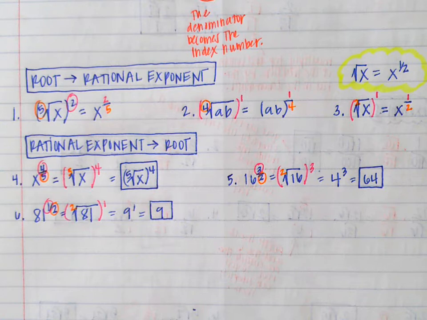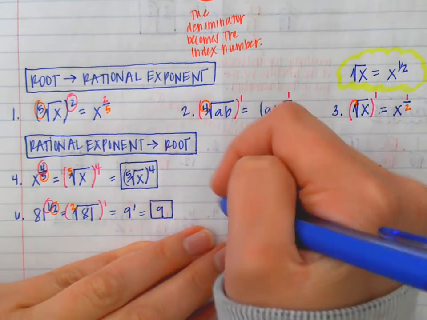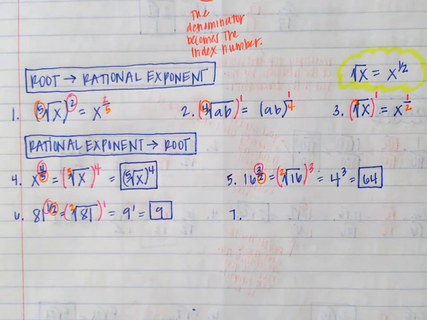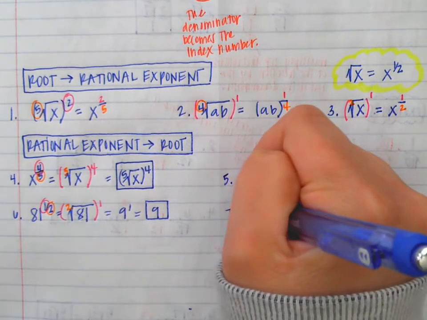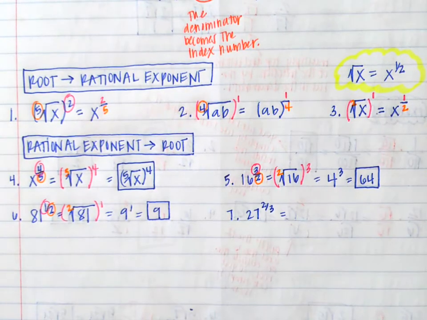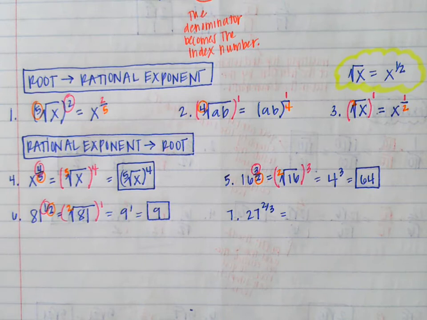Okay, I want you guys to try this one on your own, and that will be it for this last section here. Okay, so what is 27 raised to the 2/3 power? So I want you guys to pause me here, try that one on your own, and then come back and check your work.